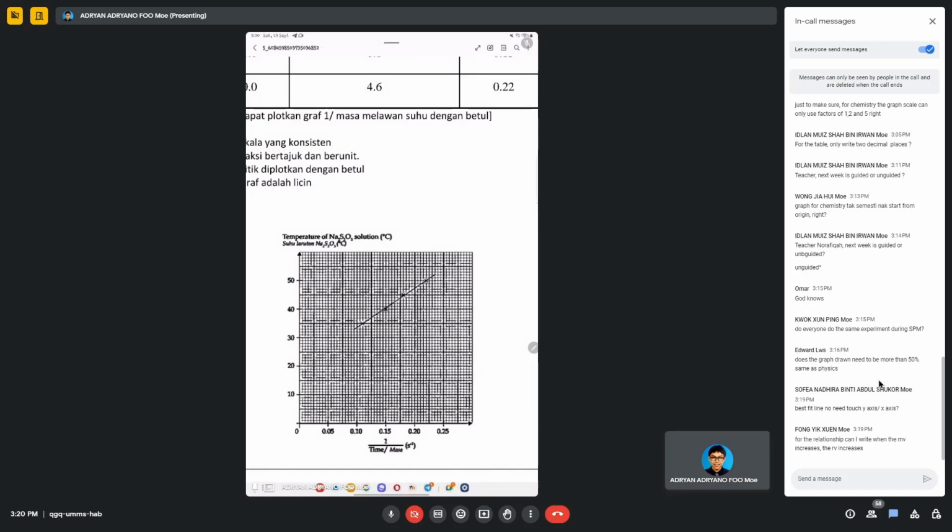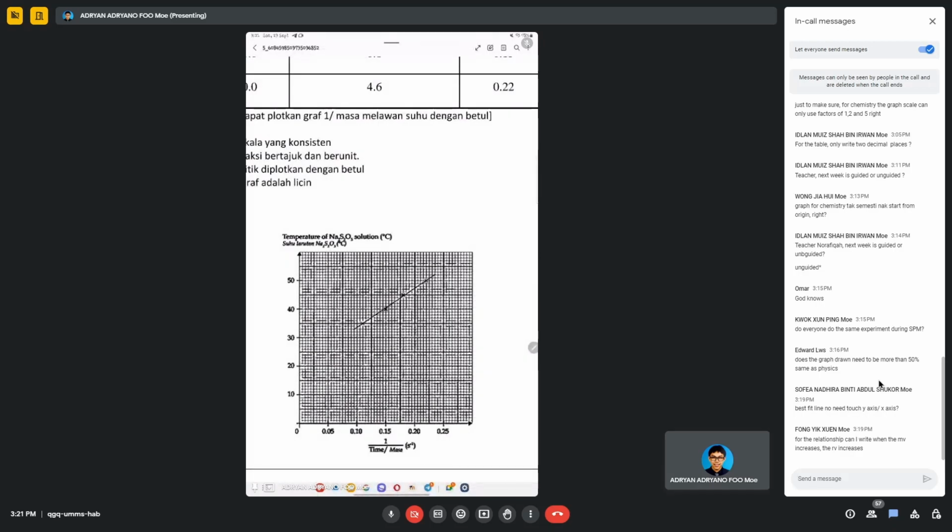Apa soalan tadi? When increase. Betul, manipulated variable increase, then responding variable increase. Boleh tulis macam tu. The higher, or when increase, when RV increase. But please state the MV first, then followed by RV. If like this, when the temperature increase, the rate of reaction increase.